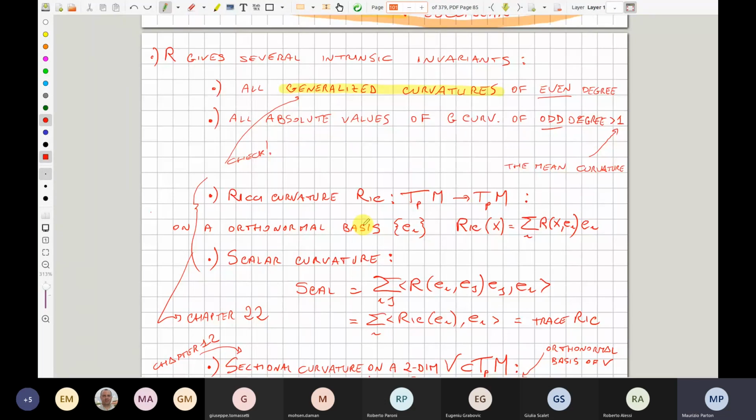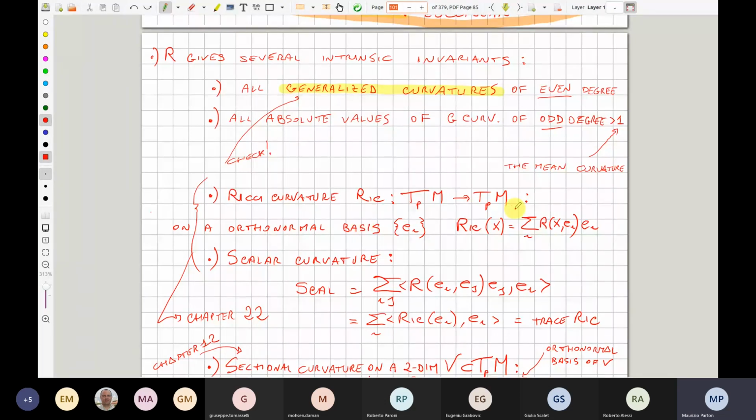I don't want to be locally isometric to Rn, but maybe just flat in some direction, not really flat, but maybe the Riemann tensor is in some sense 0, but not for all the 4 slots and so on. So there is the notion of Ricci curvature.